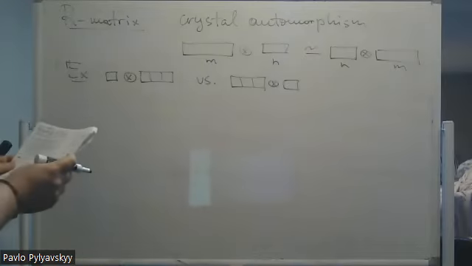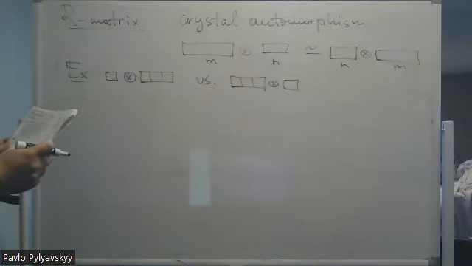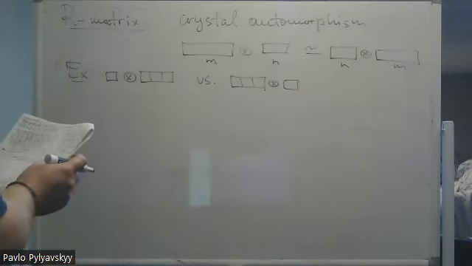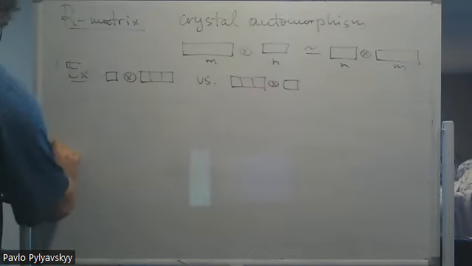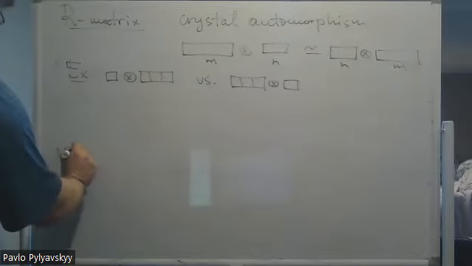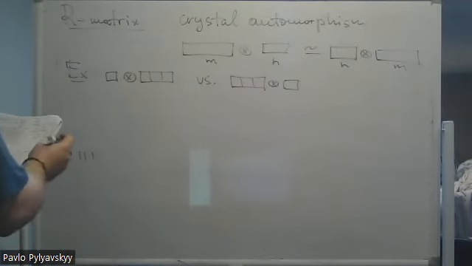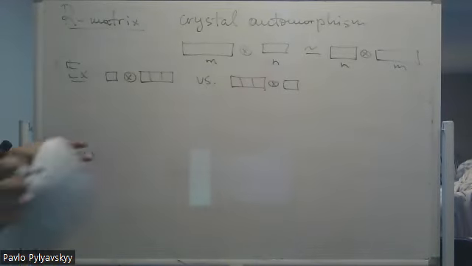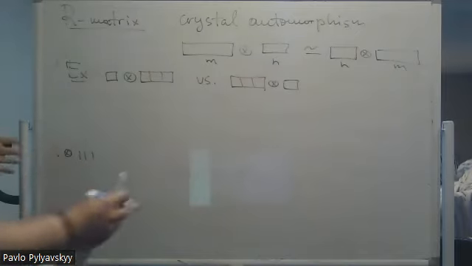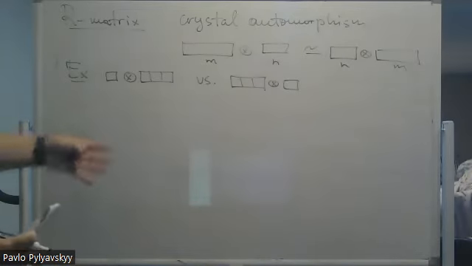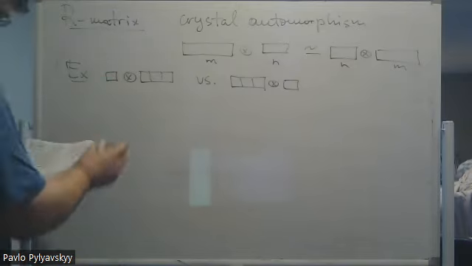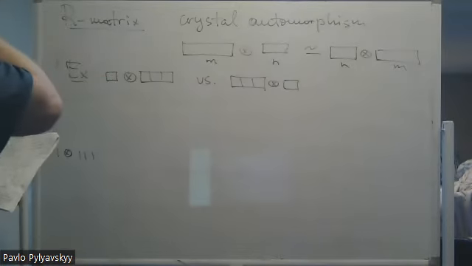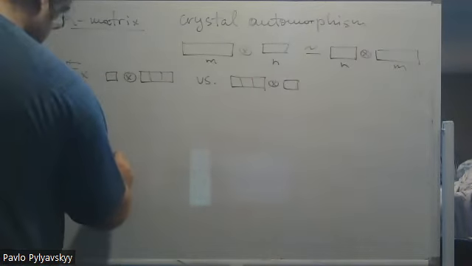The trick is to fit it on the board. So I will skip some steps because it's very similar. We create this table, rows, columns, and then the elements are the Cartesian product of the two crystals. So in this case, the vertices will be like this.